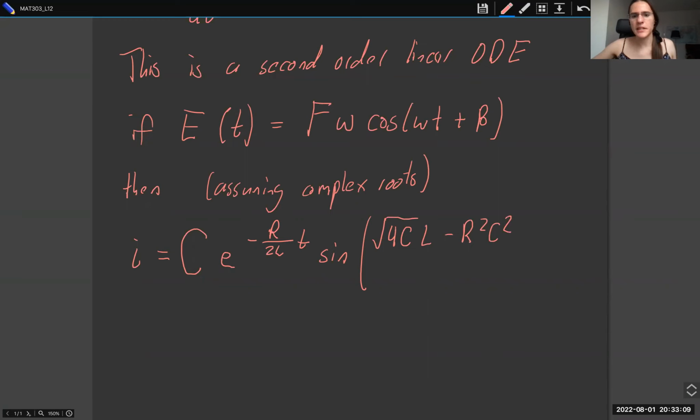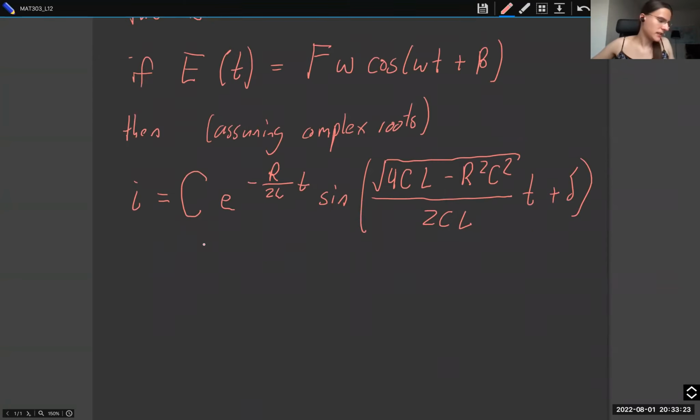So probably the condition is that this radical is positive. So this is going to be sort of the transient solution that's going to decay exponentially, and then there's going to be a steady state solution.